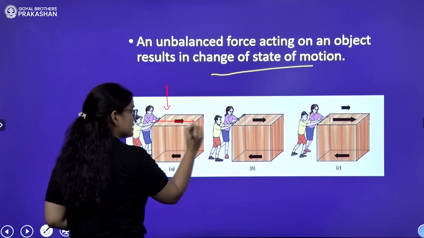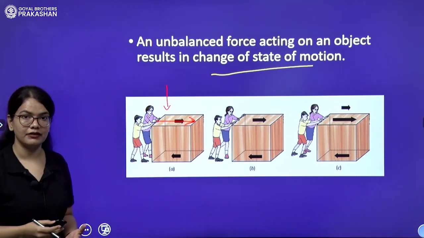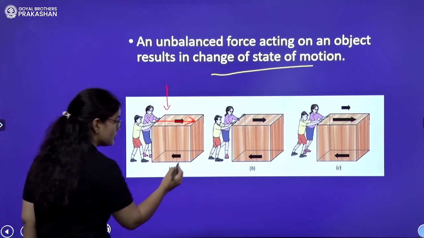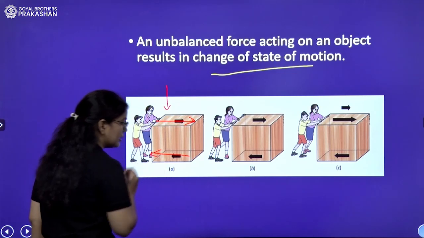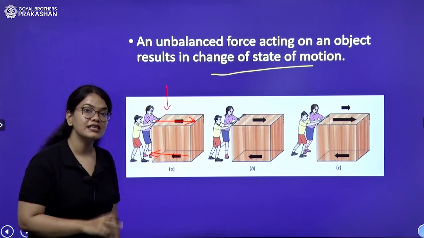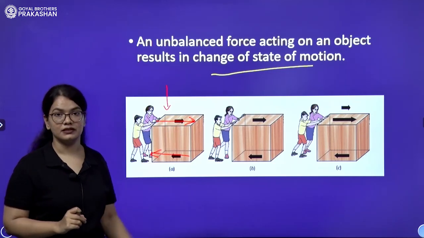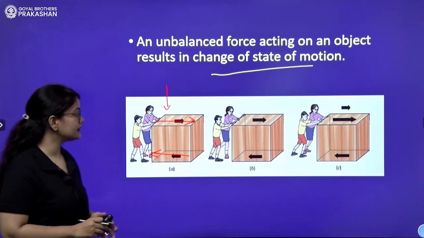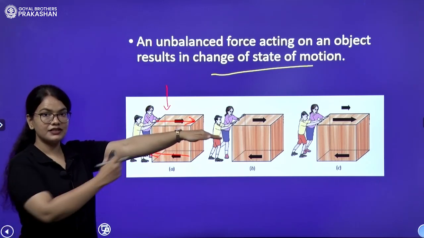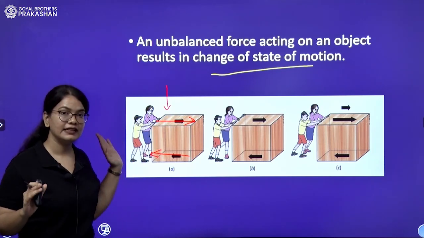The first force is this one, which the two persons are applying. Where is the second force coming from, that is balancing this force? It is the frictional force which is acting in the backward direction. The friction of the ground is acting in the opposite direction to the direction of the force by the person. As a result, these two forces are balanced. One in this direction, the other in the opposite direction, it has been cancelled. Hence, the body is at rest.